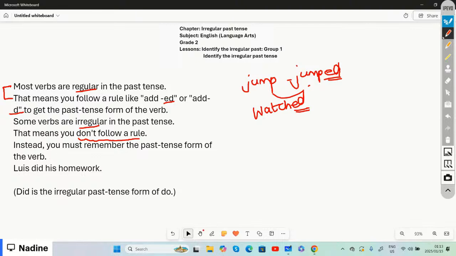All right. And if we look at an example of an irregular past tense, look at the word. It says Louise did his homework. Did his homework. So Louise did his homework.